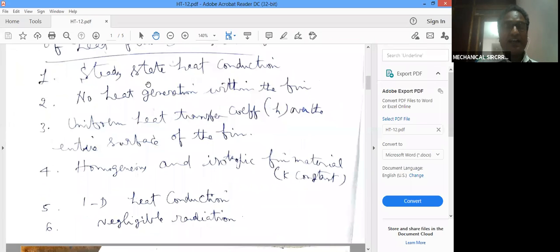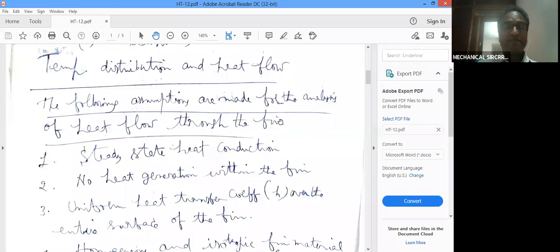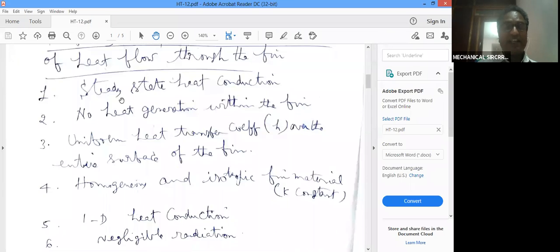Okay? Here, the following assumptions are made for the analysis of heat flow through the fin. Here you have to assume something. So here steady state heat conduction only, no unsteady state. No heat generation within the fin. Internal heat generation is zero.